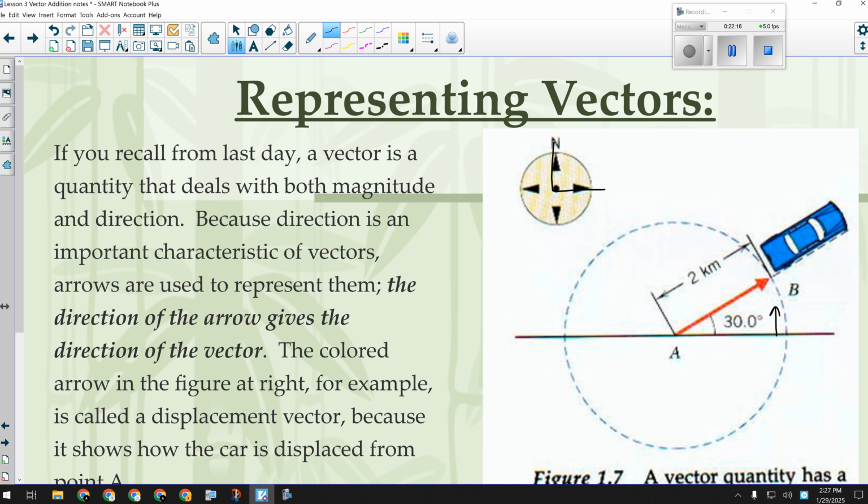One of them is 30 degrees east of north, and one of them is this one, 30 degrees north of east. It depends where you measure the angle from. Those are definitely two different directions. I mean, there's 60 degrees between those. We wouldn't want to pick the wrong one. You would probably not end up where you intended.